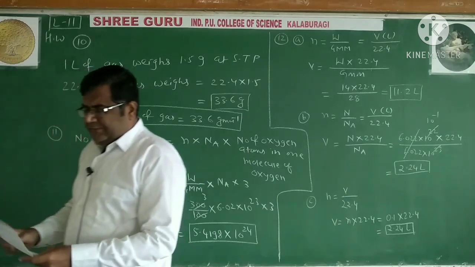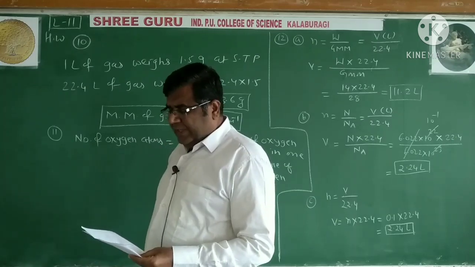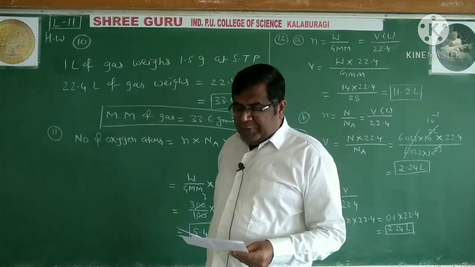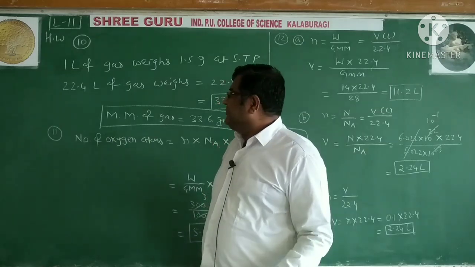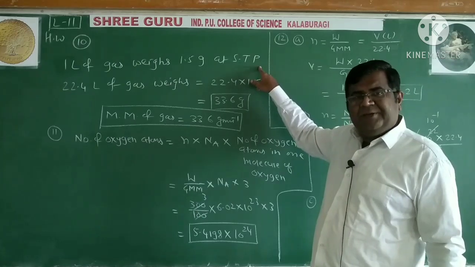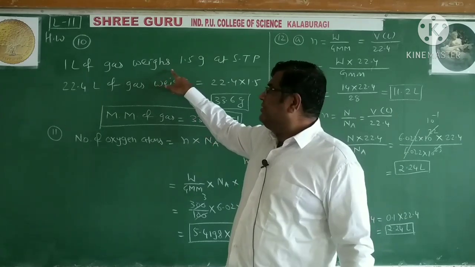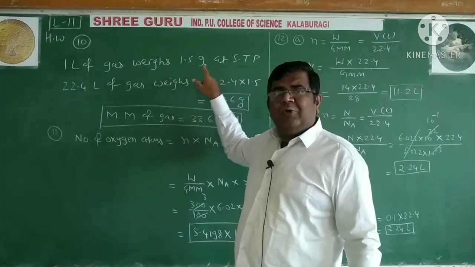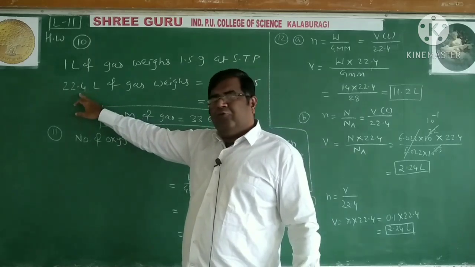The first one was, what is the molar mass of a gas if 1 liter of gas weighs 1.5 gram at 273 K and 1 atmospheric pressure? 273 Kelvin and 1 atmospheric pressure is called STP, and they said 1 liter of gas has weight equal to 1.5 gram, but at STP the volume occupied by 1 mole of a gas is 22.4 liter.